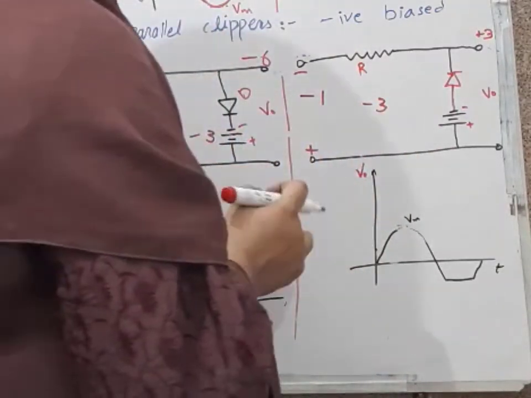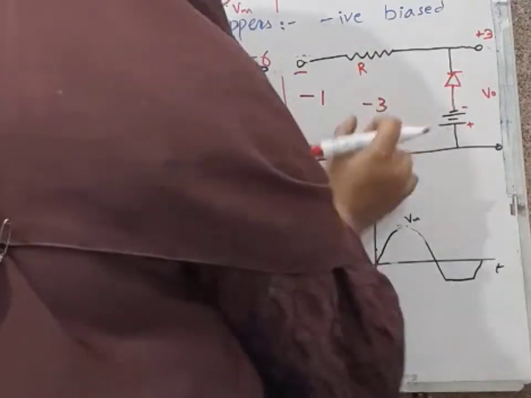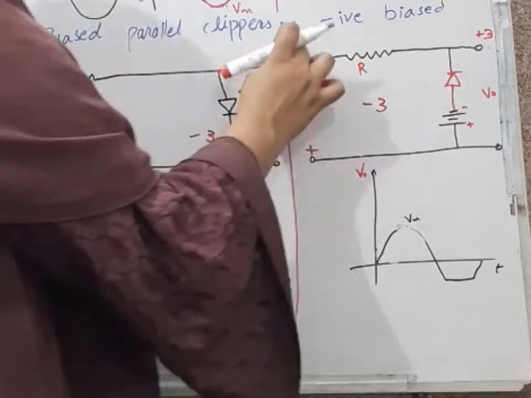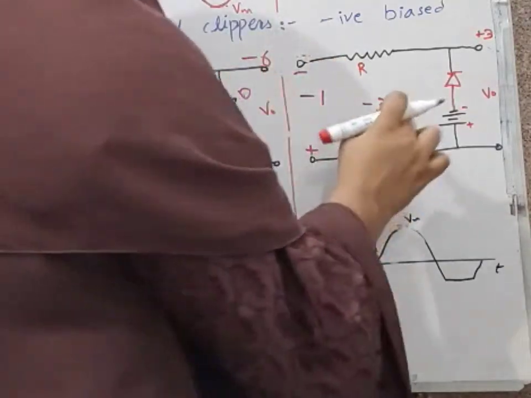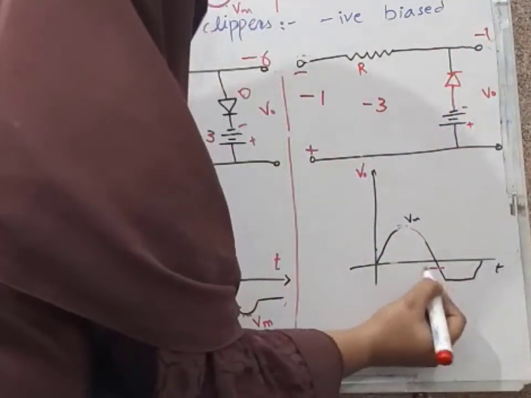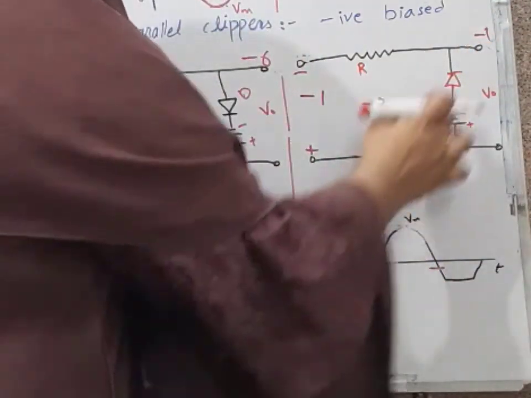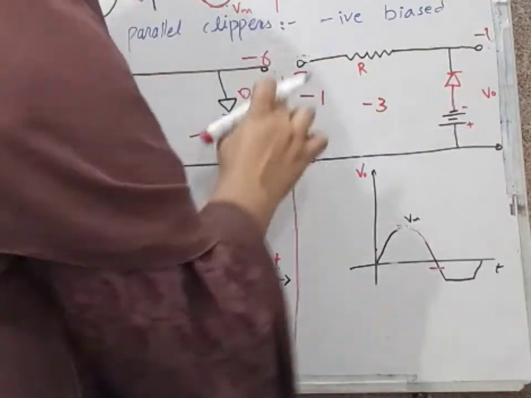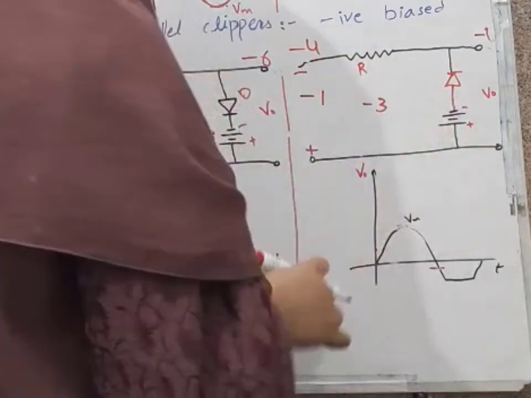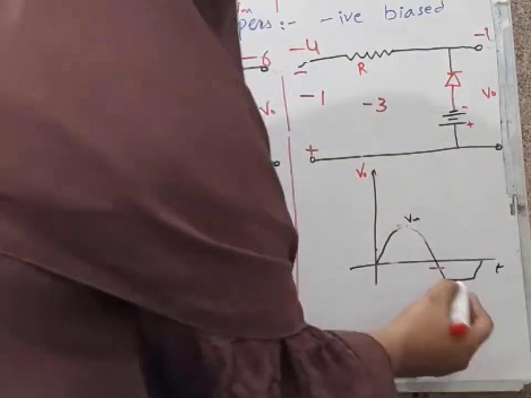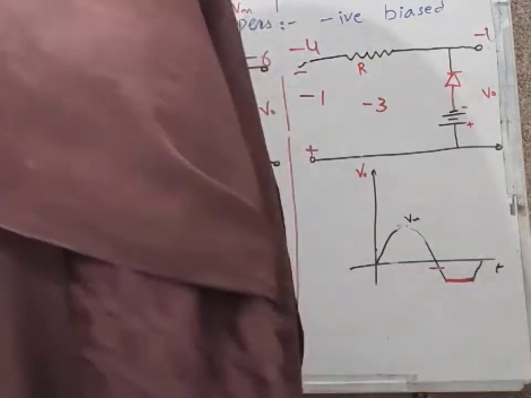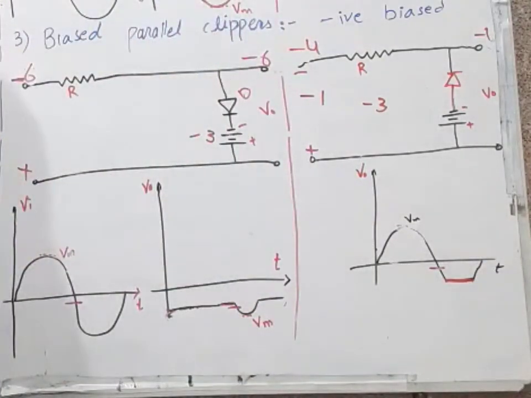And you know, -1 is bigger than -3, so this will be winning. Our output waveform will be winning, and we will get the same potential -1. When here is -4 and here is -3, then battery is winning. We will get the battery potential here, and after this we will get this potential. So I hope you understand this.